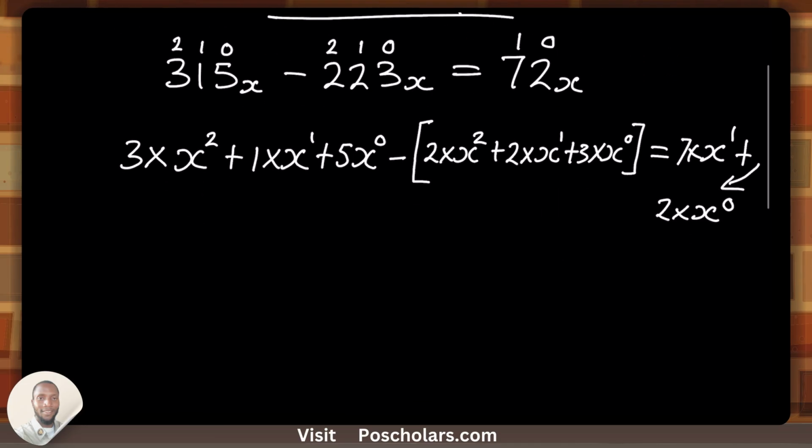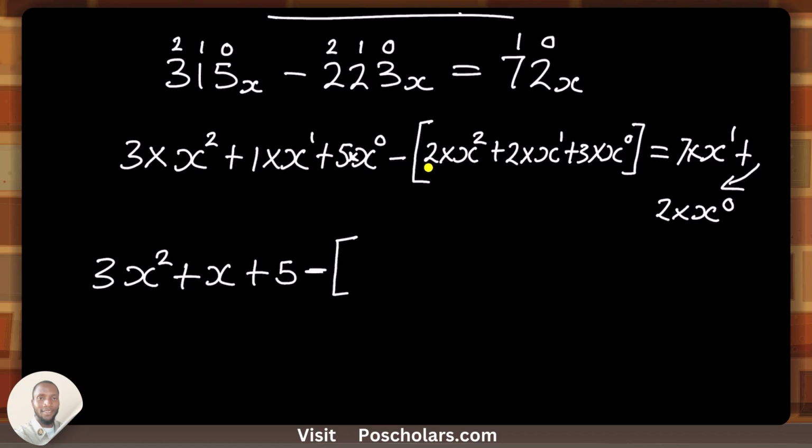Now, what do we do next? We simplify. We already know that 3 times x squared gives 3x squared, right? Plus x raised to power 1 is x, then x times 1 gives x, plus, take note, there is a multiplication sign here. So x raised to power 0 gives 1, then multiply by 5 gives 5. So plus 5, then minus, open brackets.